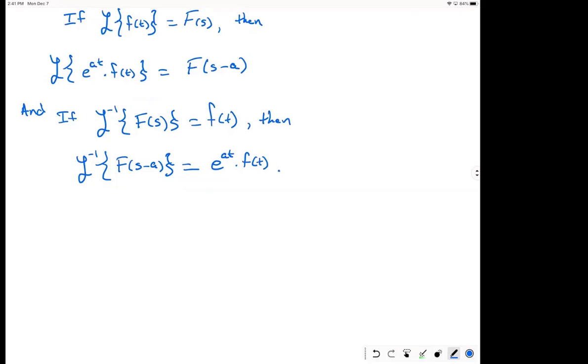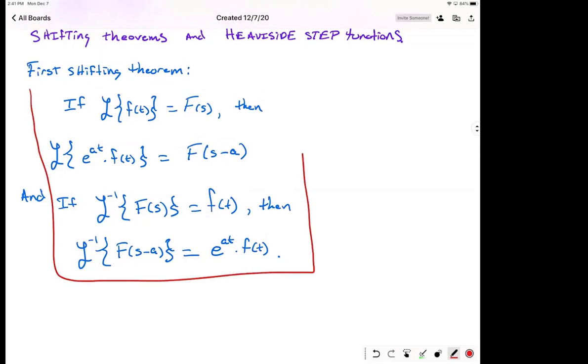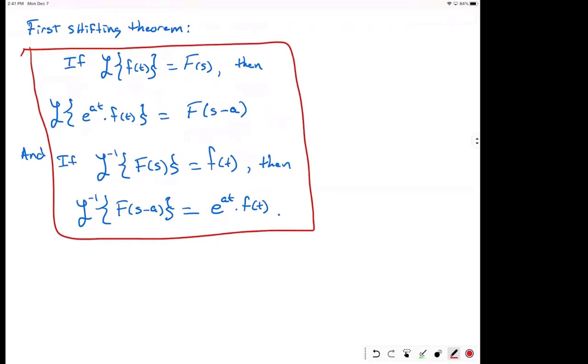And both of these are very, very powerful tools. Often they show up on your Laplace transform tables like this, where e to the at multiplied by a function f of t, it'll show that it transforms to capital F of s minus a.